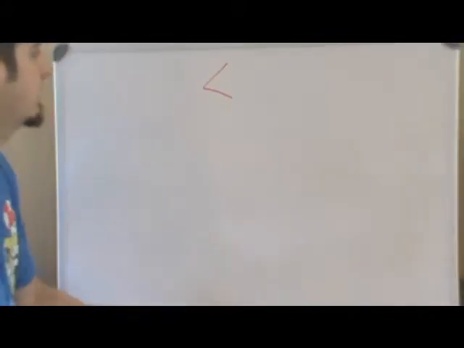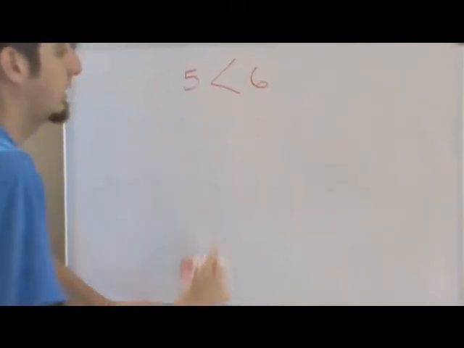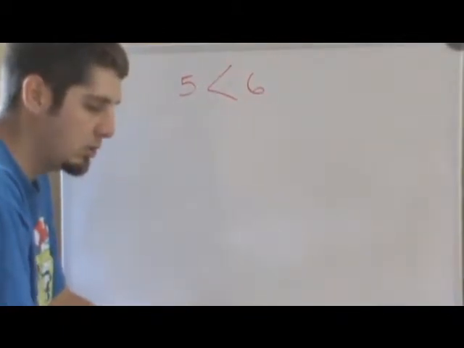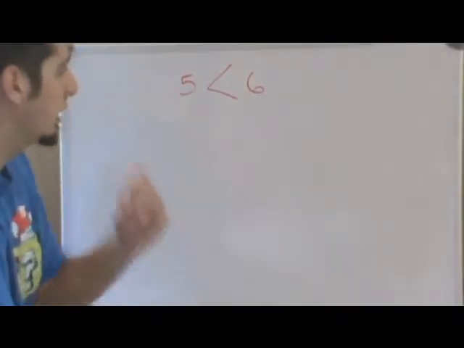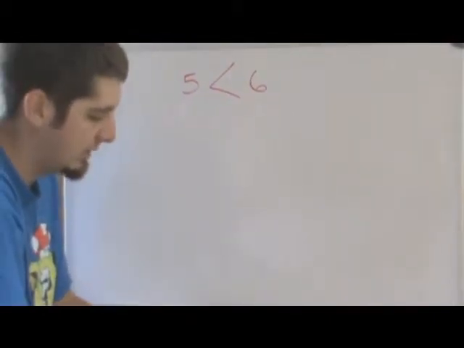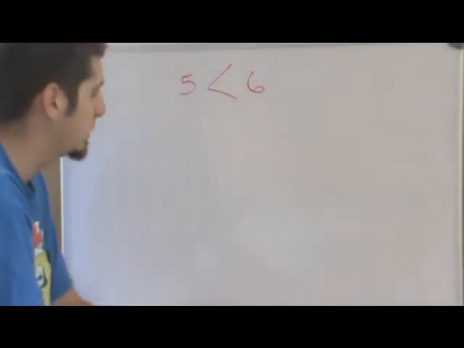You see a symbol like this, it is less than. So 5 is less than 6. One way to always know how to position your inequality is something I was taught when I was in elementary school and has stuck with me ever since. I think it works for most kids. There are two ways to explain it.